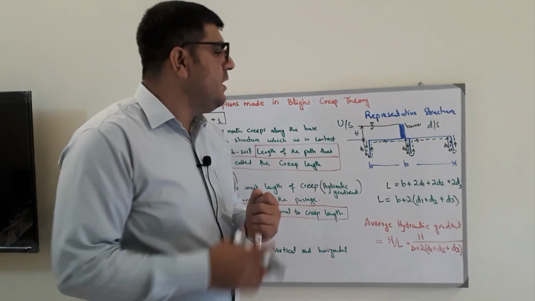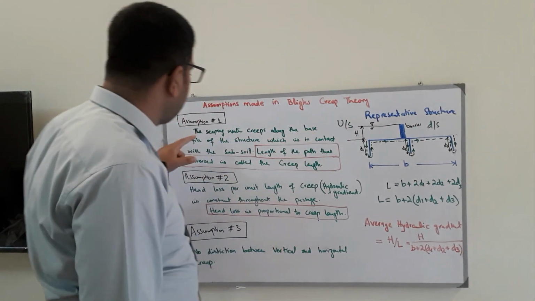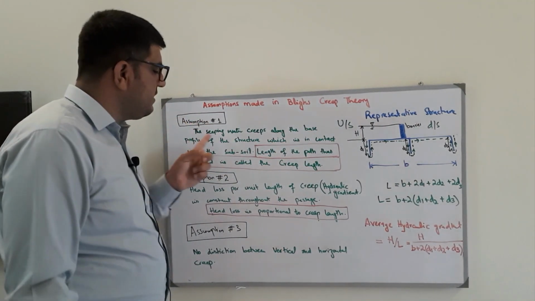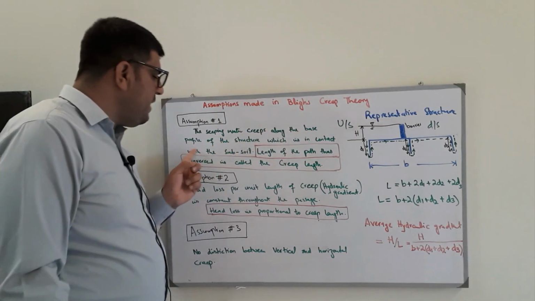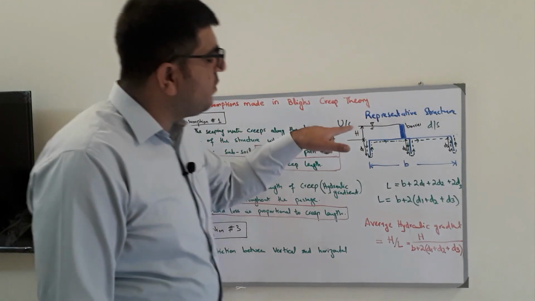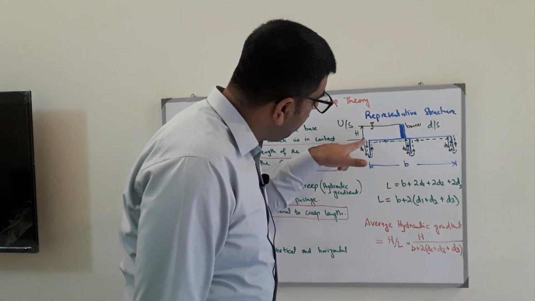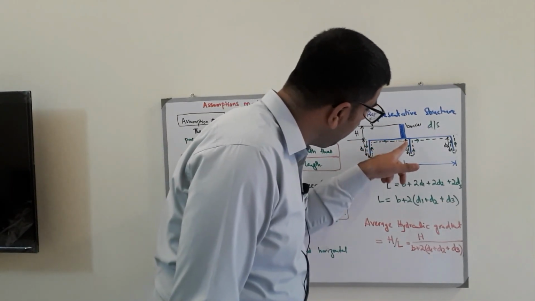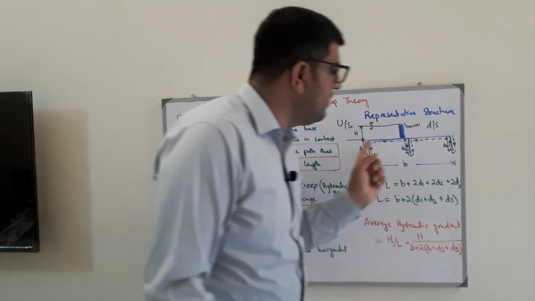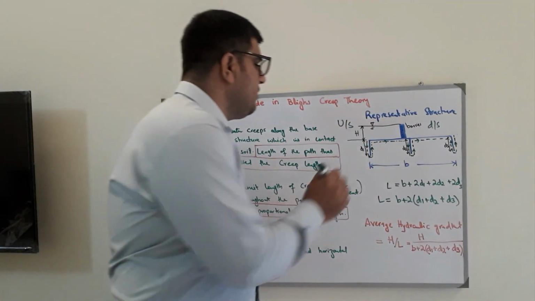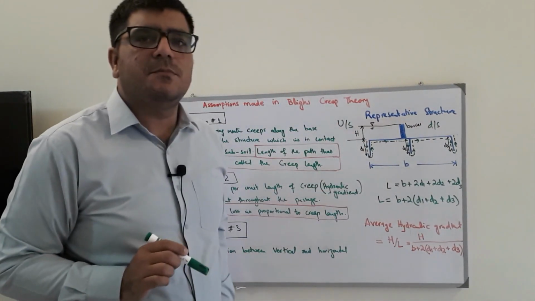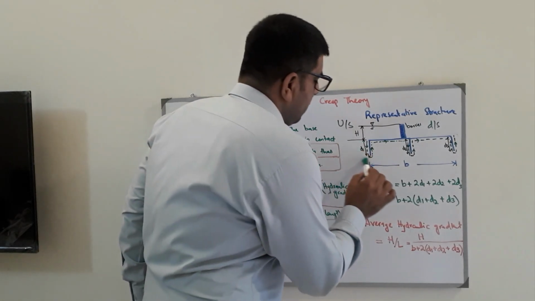Now if you see the first assumption, it says the seeping water creeps along the base profile of the structure. So the water starts to creep in and moves along the base profile of the structure. The distorted green line is represented by the creep length.